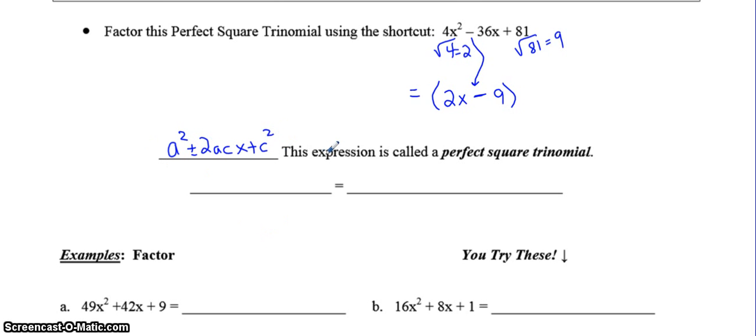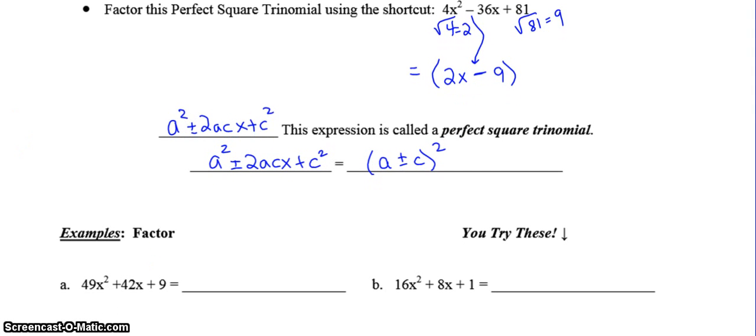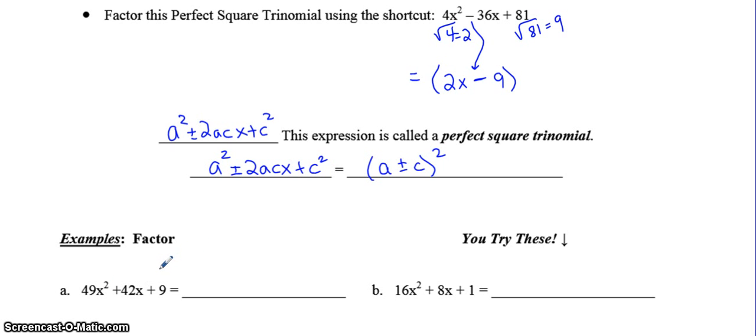That's the shape of your perfect square trinomial. It's easier if you just sort of figure out how to do it rather than learning the formula.